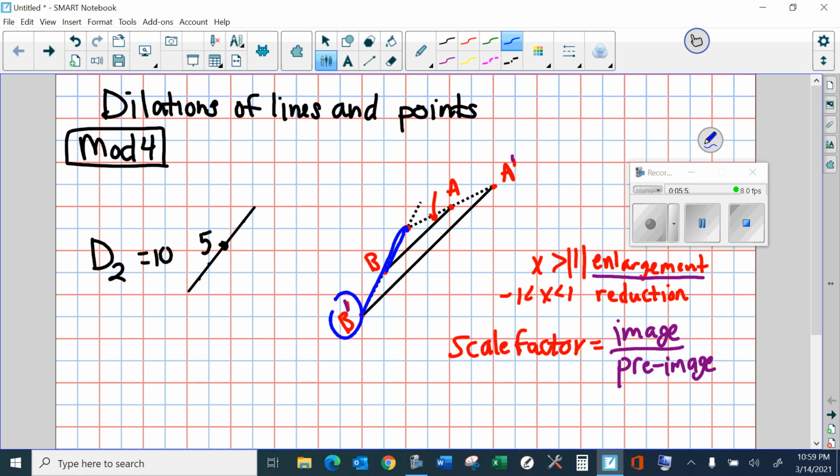And of course, it'd be the image length divided by the pre-image length. Okay, so it's your choice. Sometimes they give you information, sometimes one's on a horizontal and a vertical, so it's easier to calculate. But it's your choice which one of those two you want to do.